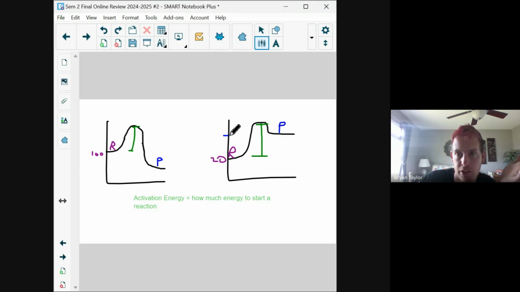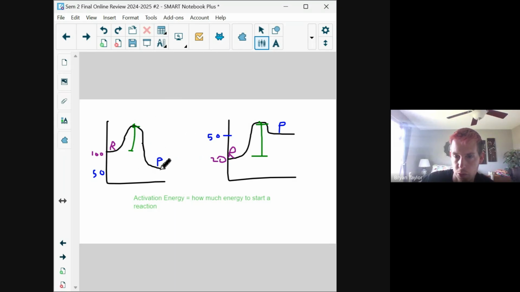Let's say this is 50, and let's say this is 50. So the activation energy is how much you need to get started, which is this very top point right here. Every reaction needs something to go. If it doesn't, it's called spontaneous. That's an AP Chemistry topic. But in terms of this, every reaction needs a little bit of a push. And that's it. So they both need energy.